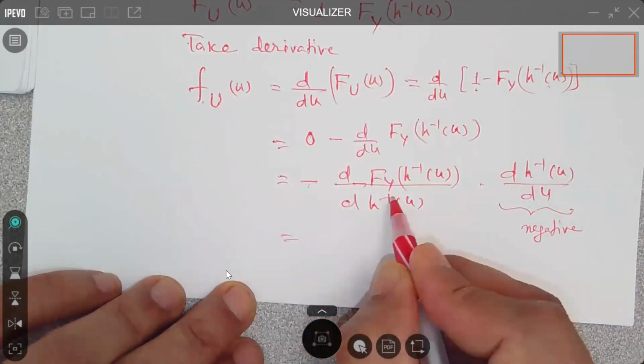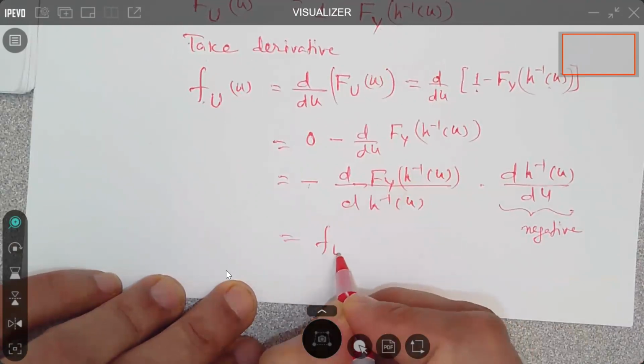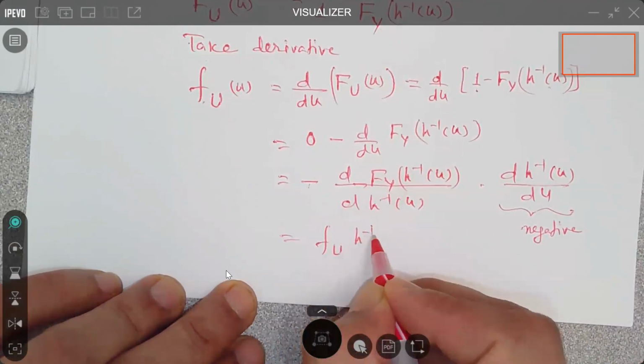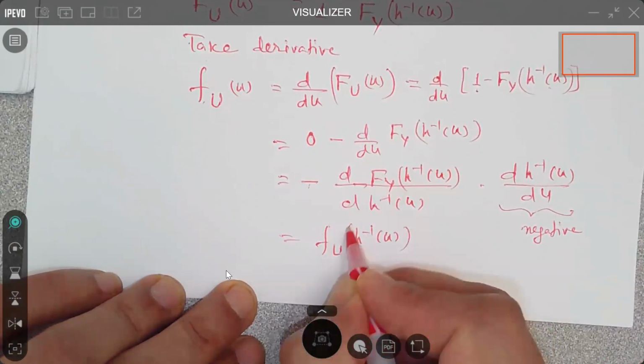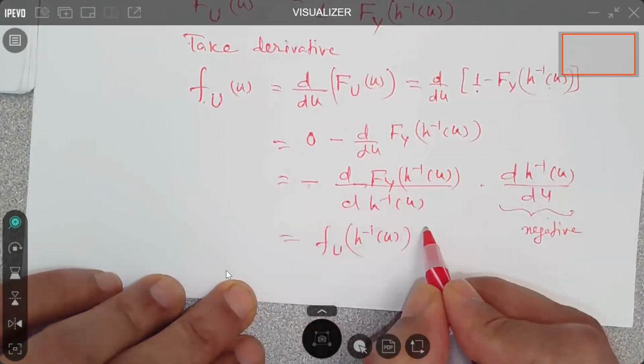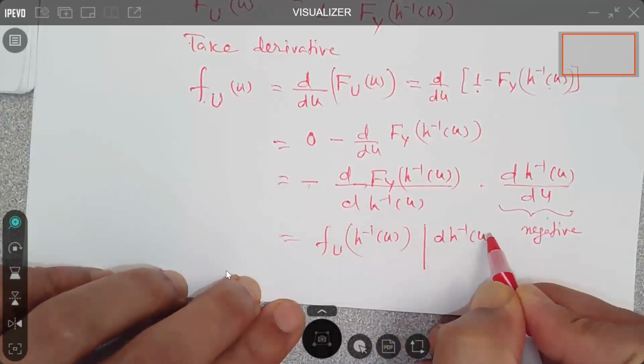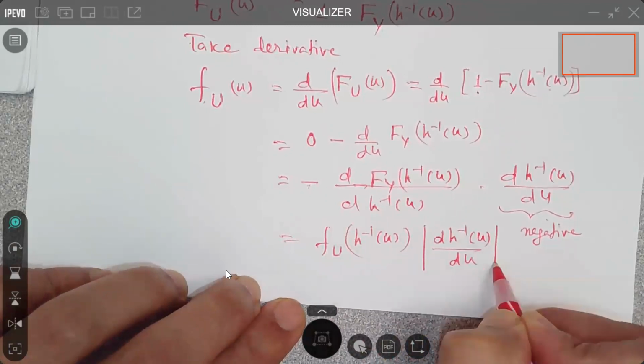Now if you take the derivative of this one, this will be the density function, f_Y of F inverse U. Since this is a negative and this negative will be positive, you write the absolute value, d F inverse U by du.